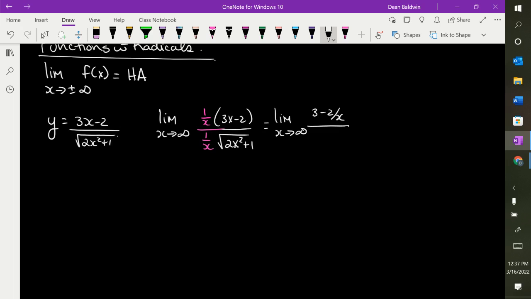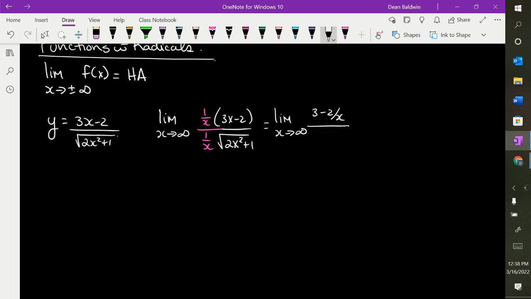If I'm putting 1 over x into a square root, what goes inside the square root? The square root of what is 1 over x? 1 over x squared, right?